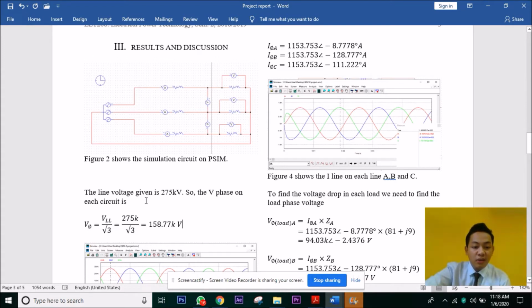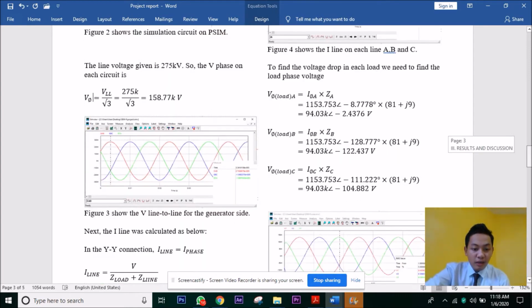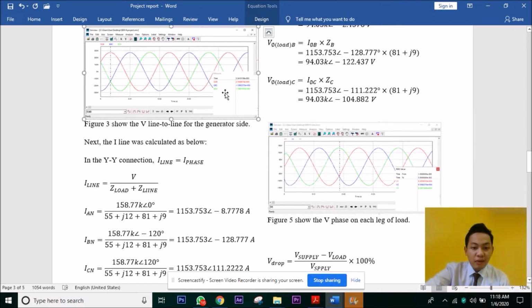So the V phase on each circuit is equal to, using this formula, V phase equals voltage line to line over root 3. For V phase we get 158 kilovolt, and then we also get the V phase which is almost the same as the previous value. Okay, and then we calculate the I line, using the formula V over Z load plus Z line, equal to 1153.753.